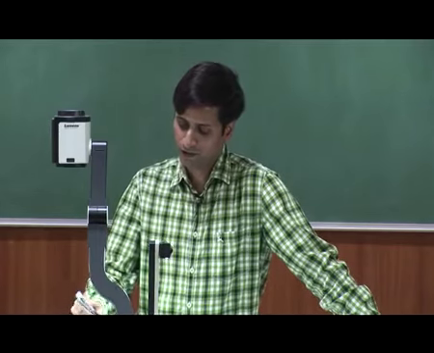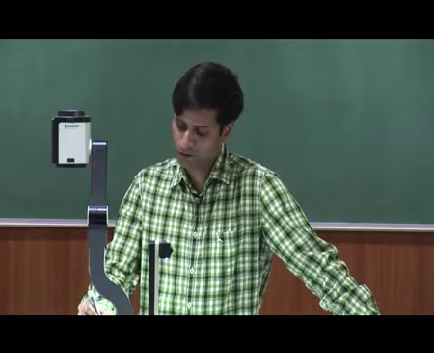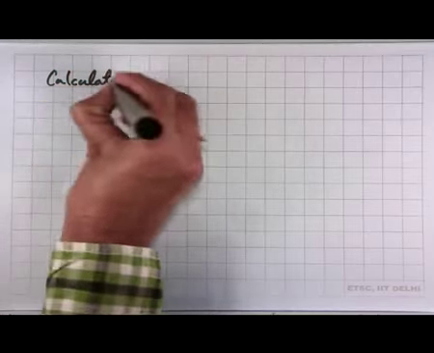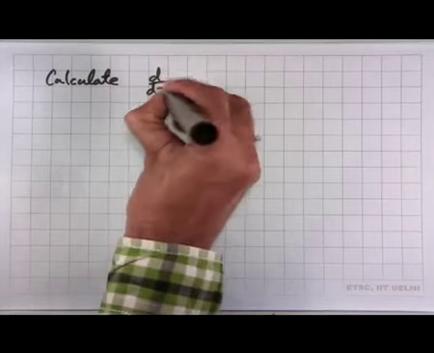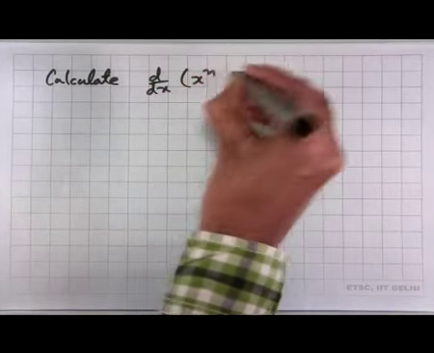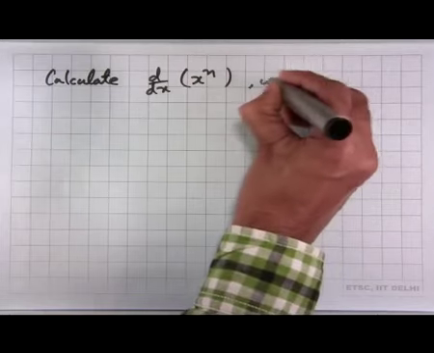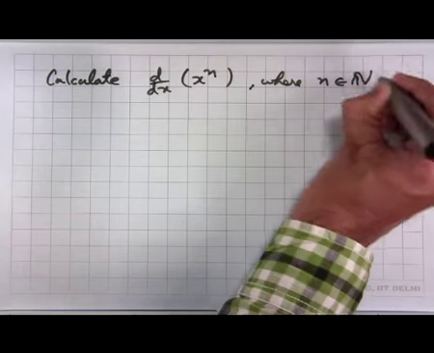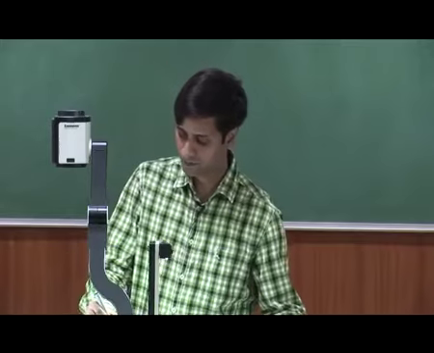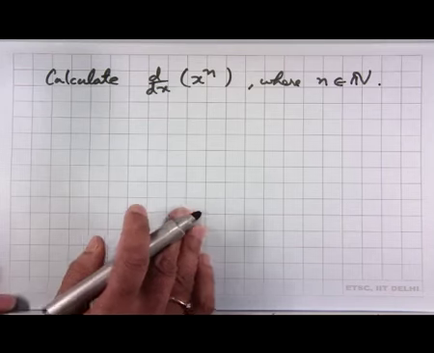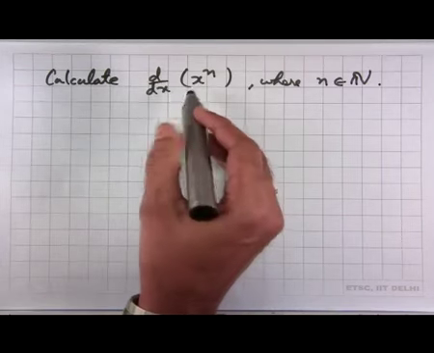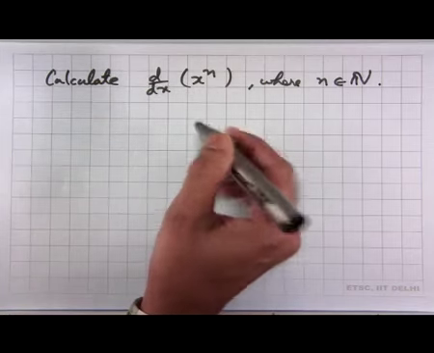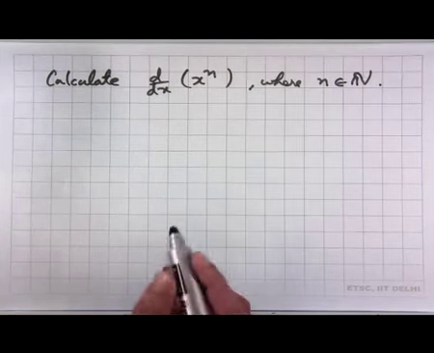So, let us calculate the derivative, d by dx of x to the n, where n is any natural number. One way would be to use the product rule repeatedly to get this derivative, or you can try to calculate the limit directly also.